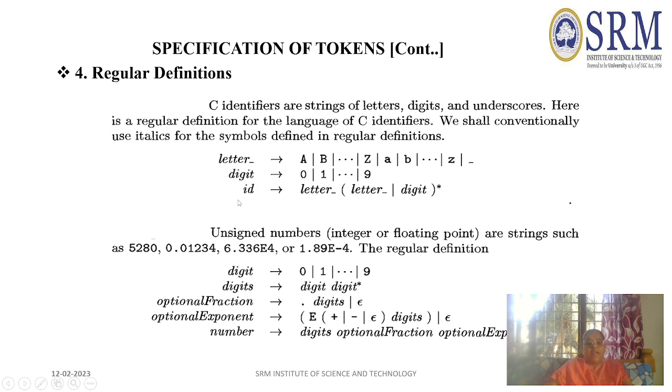And ID is an identifier wherein it starts with a letter followed by (letter or digit) whole to the power star. Say for example, any variable declaration, always the variables must start with a letter. Say if we are having sample123 as an example.